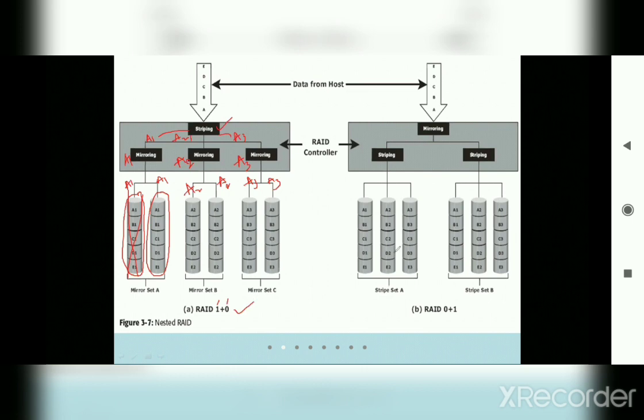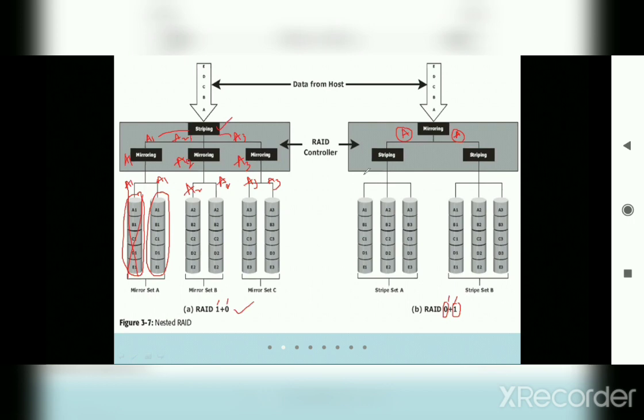Now coming back to 01. In the reverse manner, 1 means first I need to do mirroring and then I need to do striping. So the data A is there, it will be A, and here also A. Now when I stripe this, the A data and here also the A data will be divided.